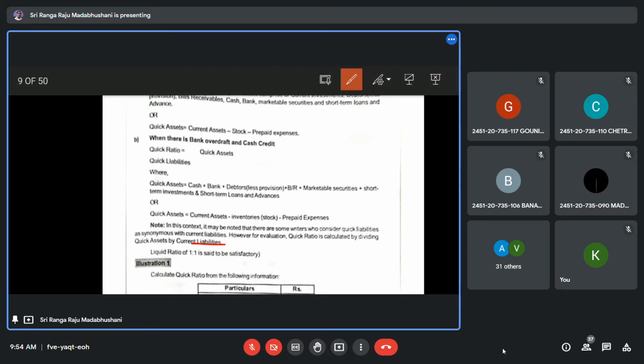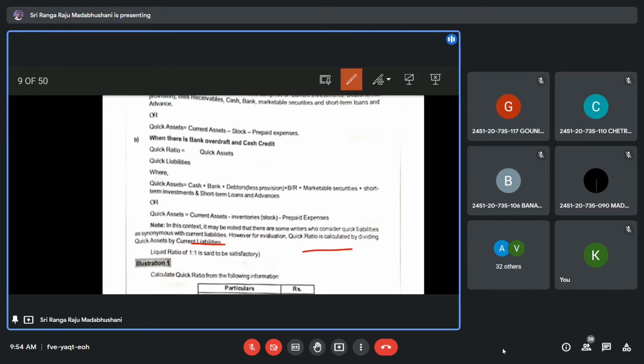However, quick ratio is calculated by dividing the quick assets by current liability. So normally current liability is considered quick liability. There is no change in quick liability.